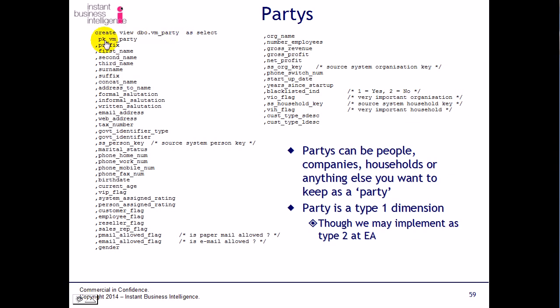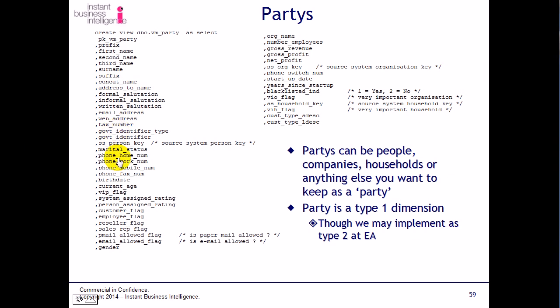So party as select is VM party. We've not got the fields on the left just to get more fields onto the page. So we get VM party, prefix, first name, second name, third name, address to name, concatenated name, formal salutation, informal, written salutation, email address, web addresses, tax numbers.